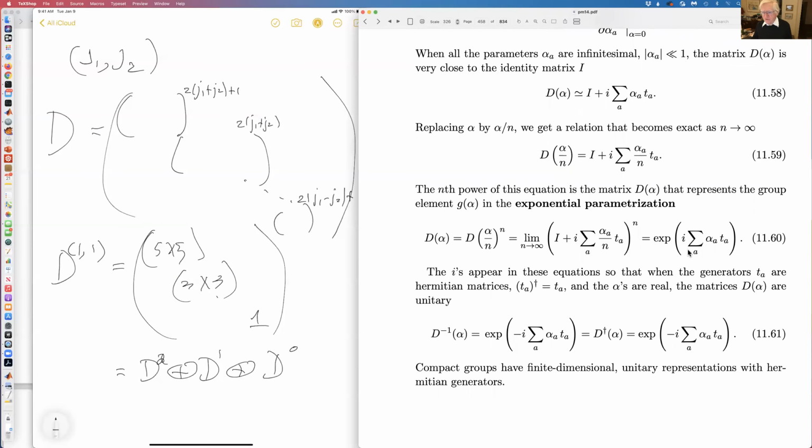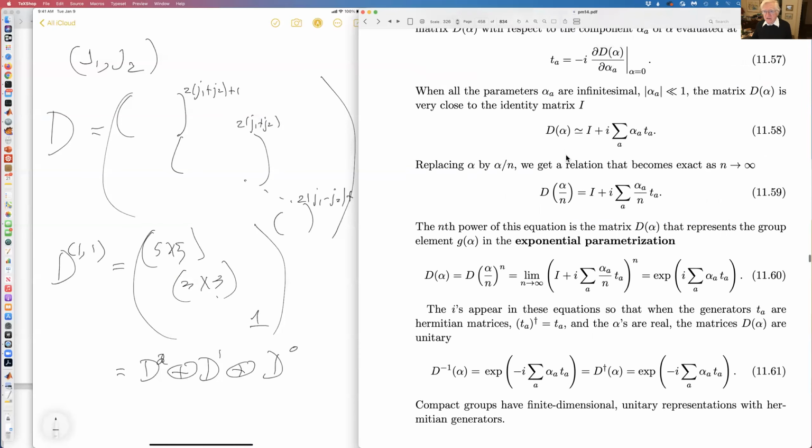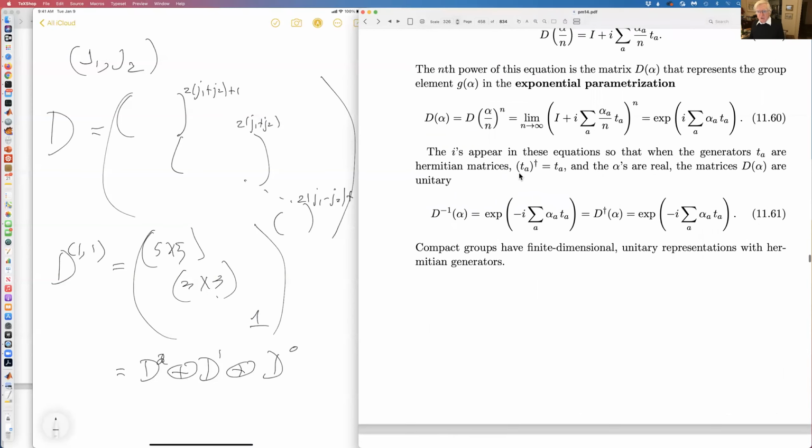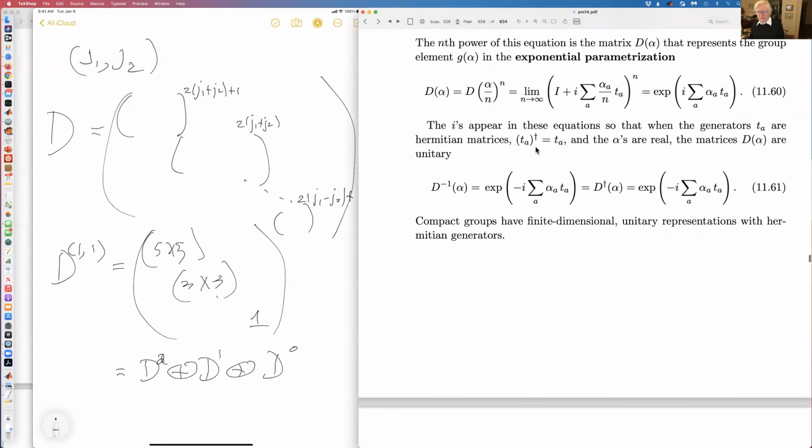And then moving backwards, if this is D of alpha and we take minus i times the partial of D with respect to alpha sub A at alpha equal to 0, we get T sub A. So all these i's are just to make the T's Hermitian.